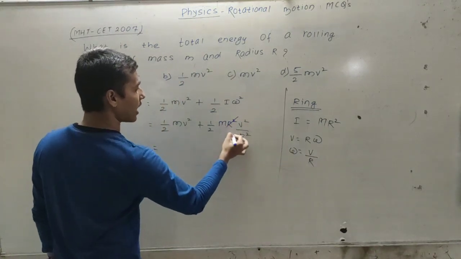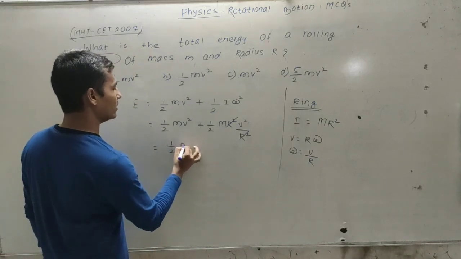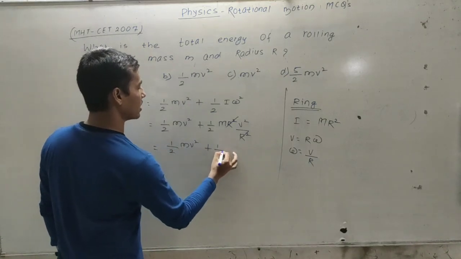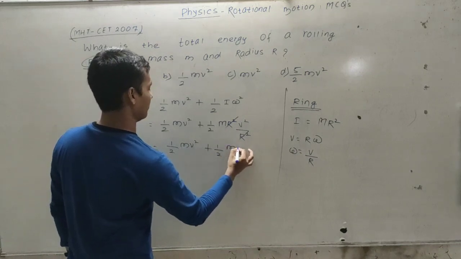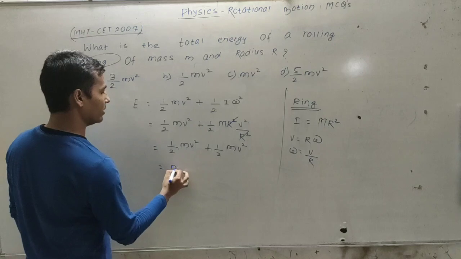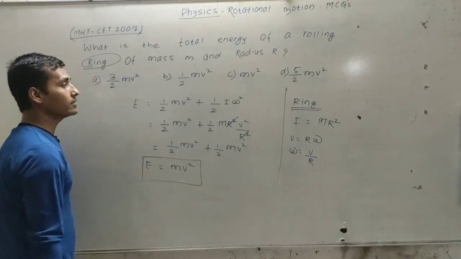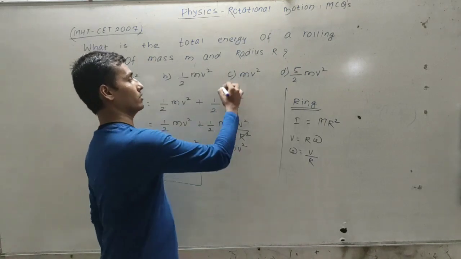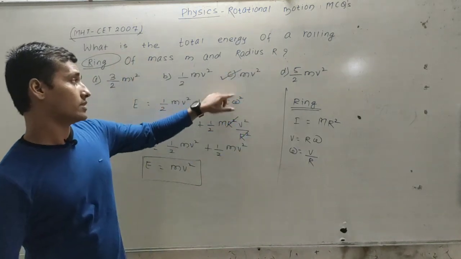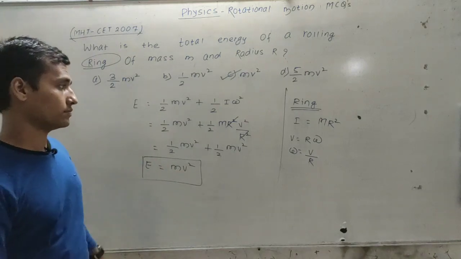Now this r square will get cancelled. Then we have half m v square plus half m v square. Half m v square and half m v square will be m v square. So the total energy will be m v square. So our option number C is our answer. E is equal to m v square.